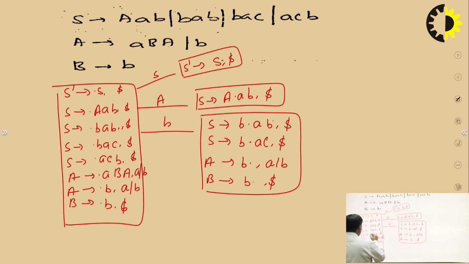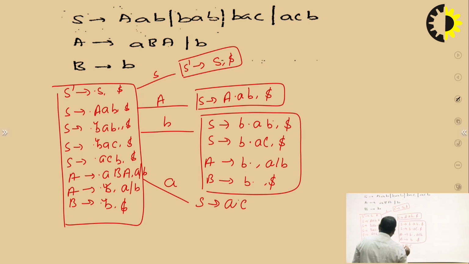We explore this one, and this one, and this one. How many remaining states need to be explored? This one and this one, and we explore here. Now the input is A. Now S tends to A dot CB, and what is the look-ahead symbol? Dollar. No need to explore.